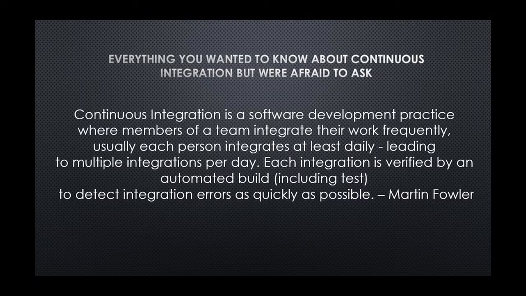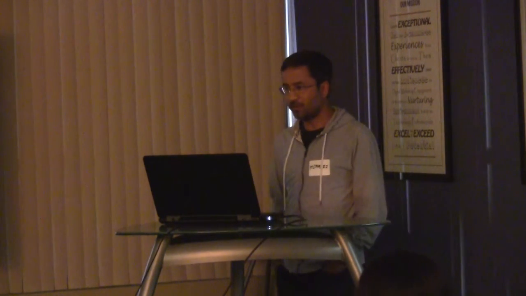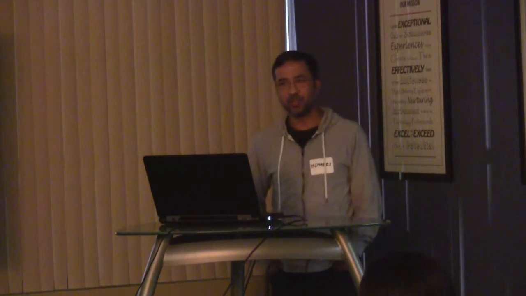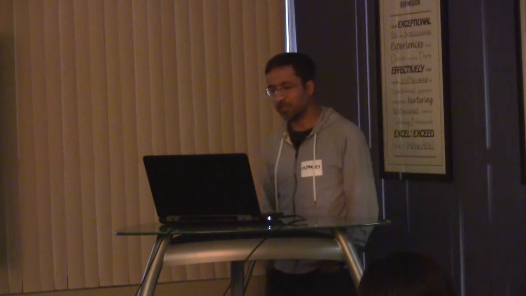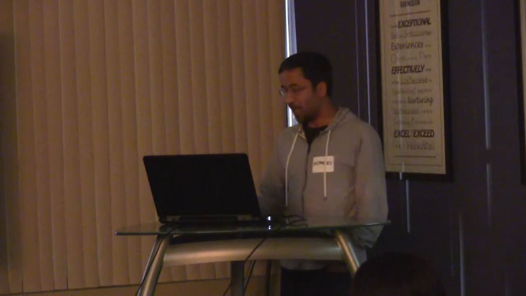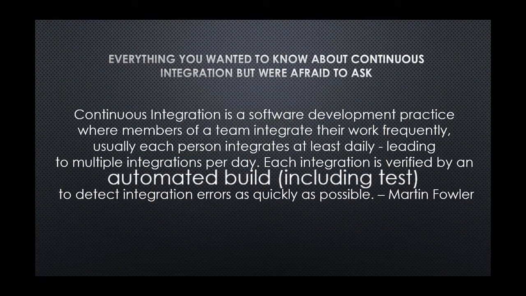I'm not going to read the whole thing. Basically, you write a program and many times in a day you check things in, and then you build it and you test it, that kind of thing. So the most important part here is the automated build including test.